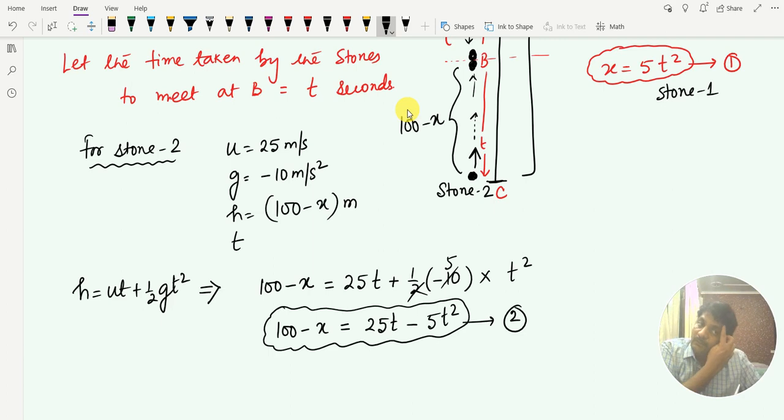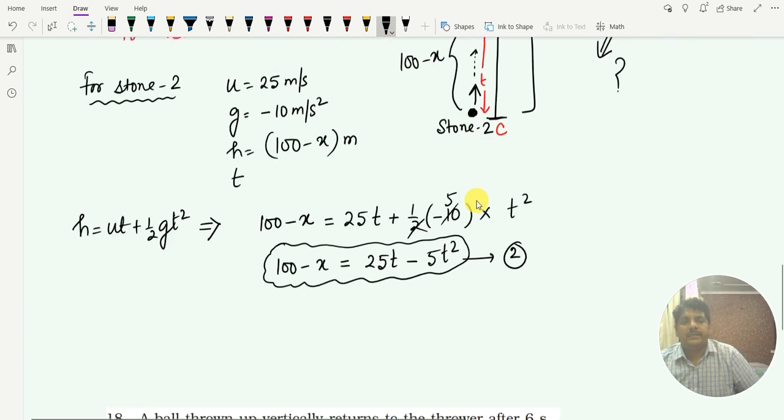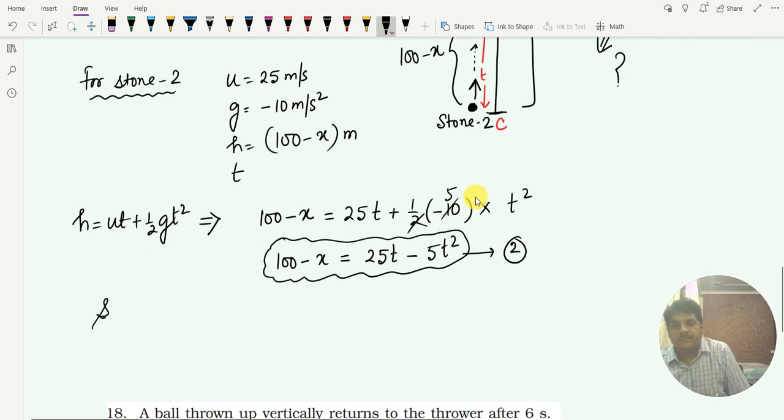Now look at equation number 1. What is the value of x? x is equal to 5t square. ये हमको already मिल चुका है. So this value can be put in equation number 2. So let us write, substituting x is equal to 5t square in equation 2.